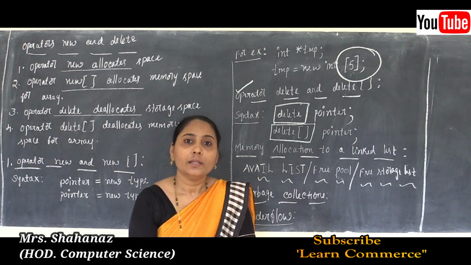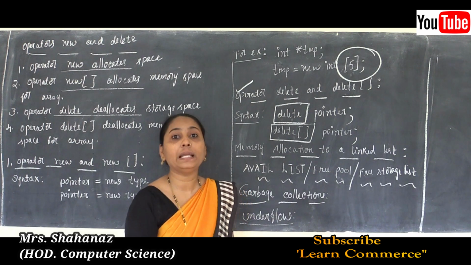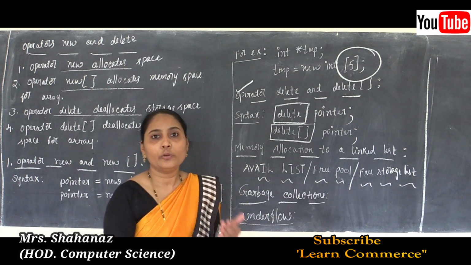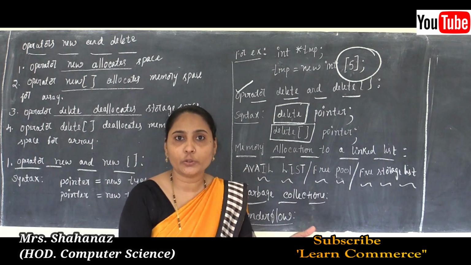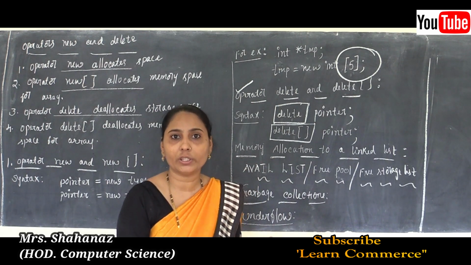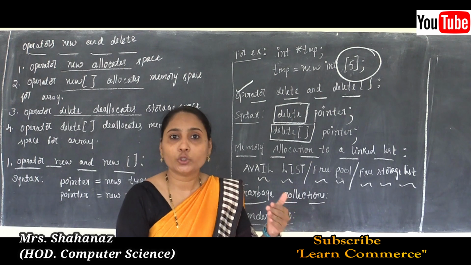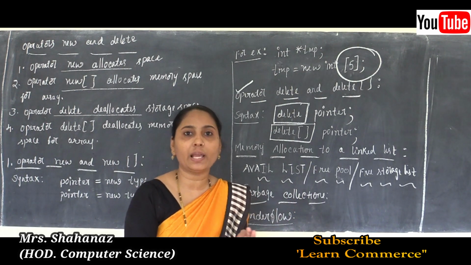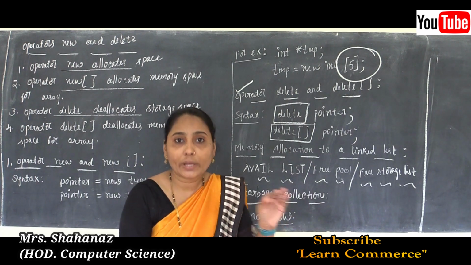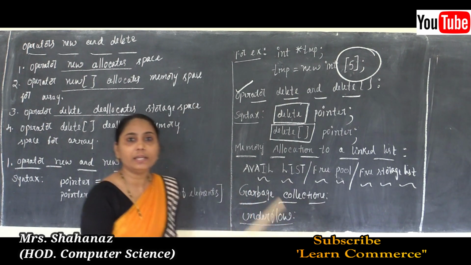The memory space of the deleted node, whatever node we are going to delete from the linked list, maybe in future we want such a node again. It should be available for our future use, or simply, to insert a node into the linked list.